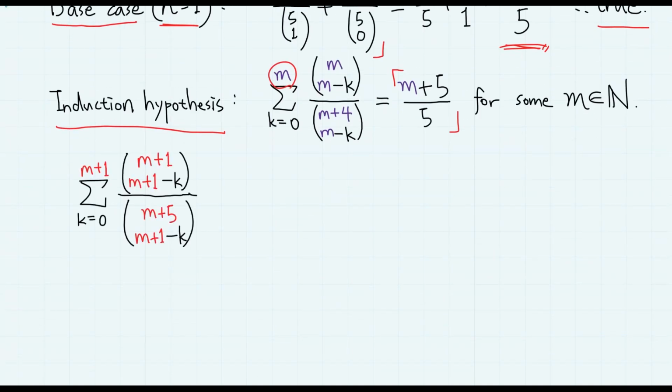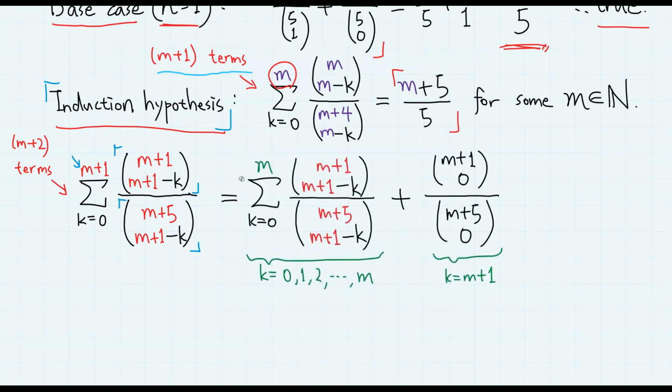Then we want to prove for the case where n is equal to m plus 1, so let us consider the summation with m plus 1, where we add up m plus 1 choose m plus 1 minus k divided by m plus 5 choose m plus 1 minus k. We must somehow make use of the induction hypothesis, which contains the summation of only m plus 1 terms instead of m plus 2.